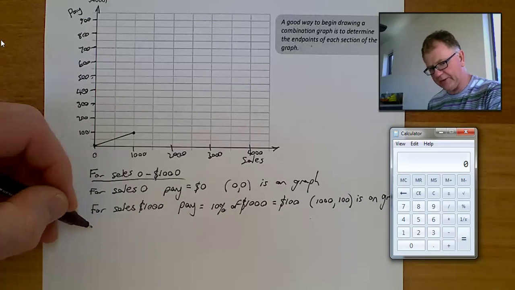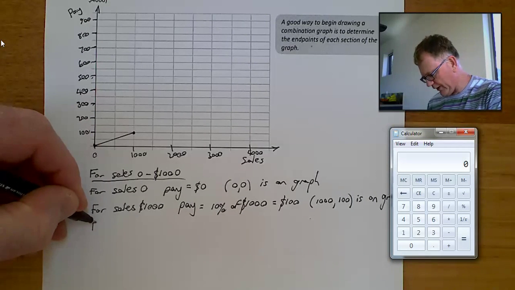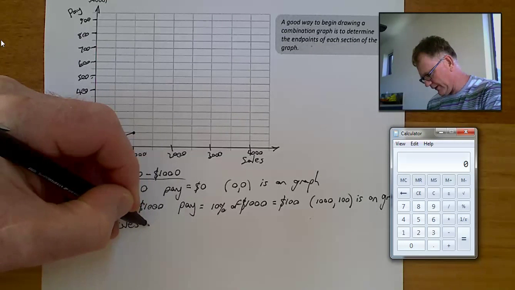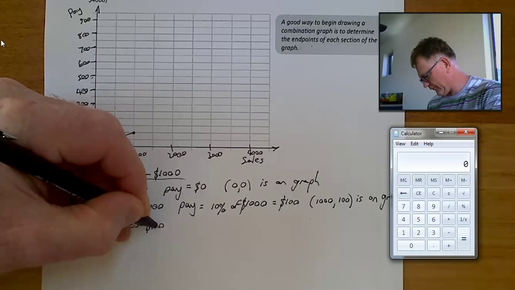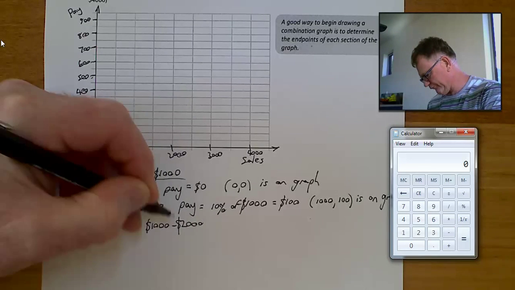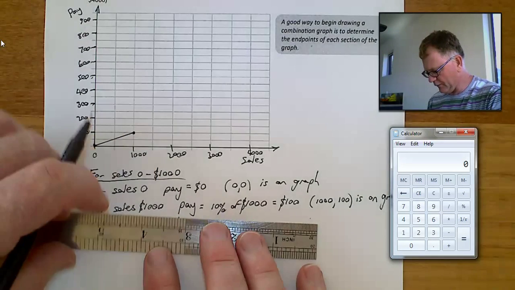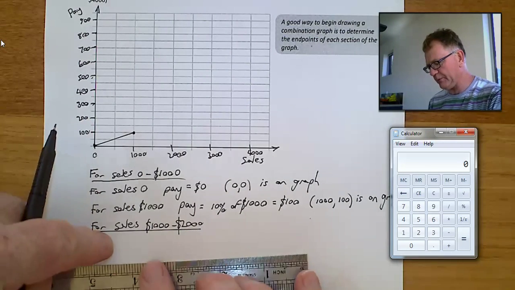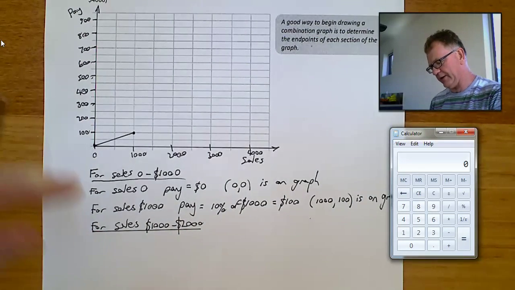What about the next section of our graph? So on sales between $1,000 and up to $2,000. Well, let's work out how much he'd get paid if, according to this bracket, he sold exactly $1,000.